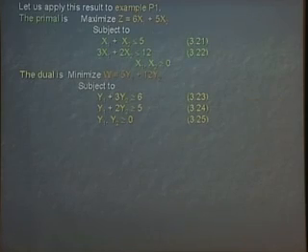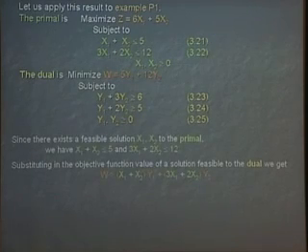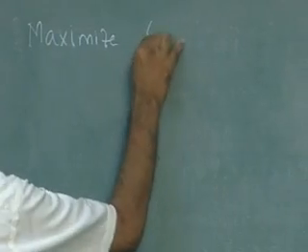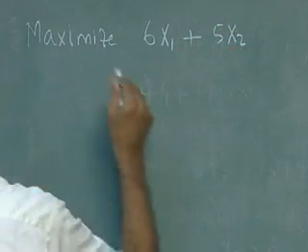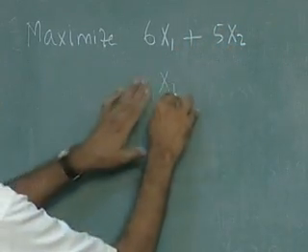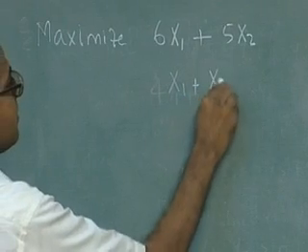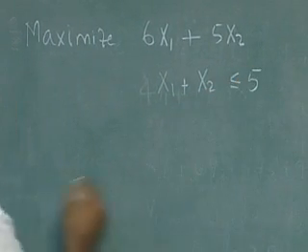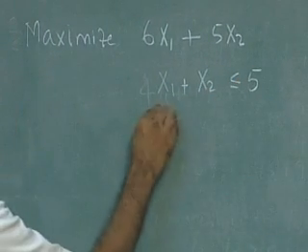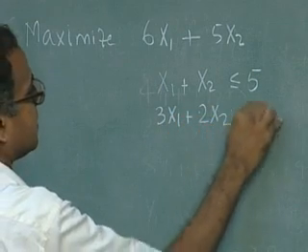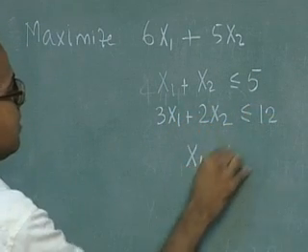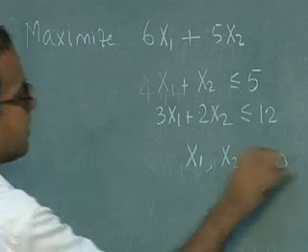So, we address the same problem. Maximize 6x1 plus 5x2, subject to x1 plus x2 less than or equal to 5, 3x1 plus 2x2 less than or equal to 12, x1, x2 greater than or equal to 0.